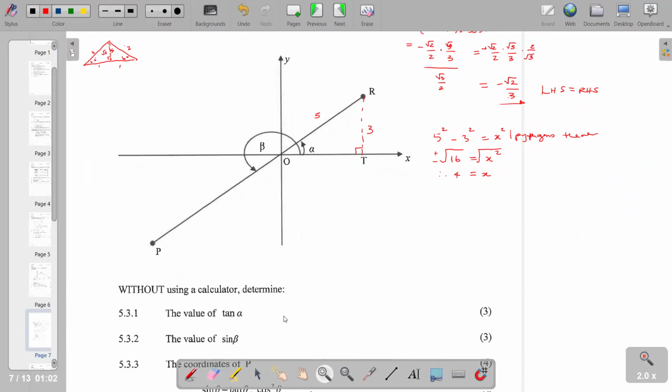We know from our trig ratios, tan is opposite over adjacent, so tan alpha will be equal to the opposite of alpha, here is 3, over the adjacent.